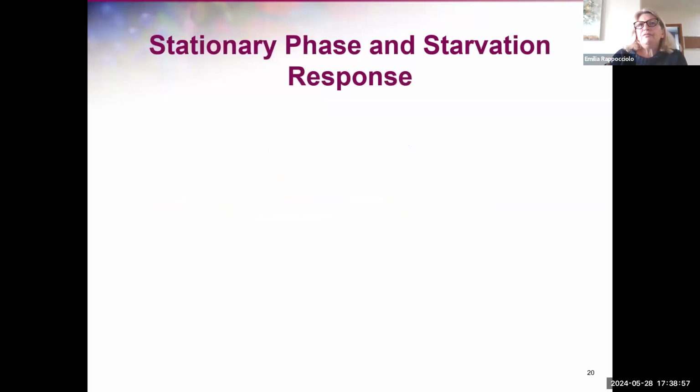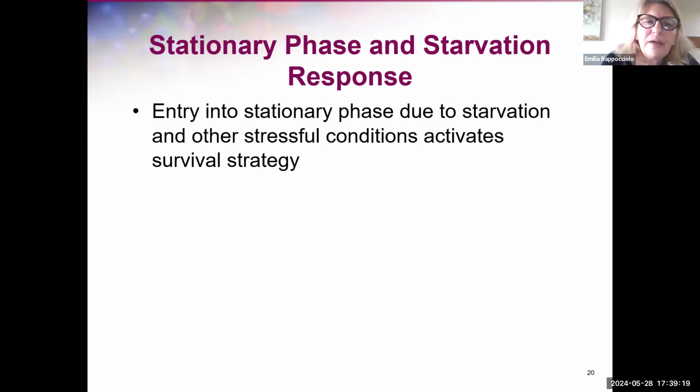If the environment changes in terms of nutrient availability, bacterial cells can start a program of adapting to that condition, which is called the starvation response. So entering into stationary phase due to starvation, lack of food and other stressful conditions activates this survival strategy.